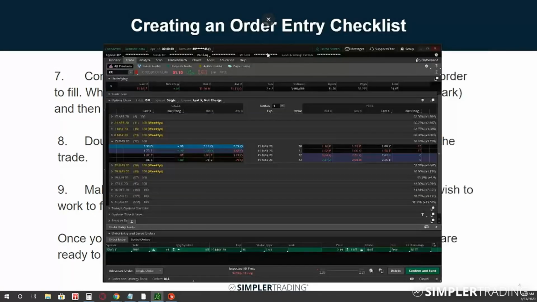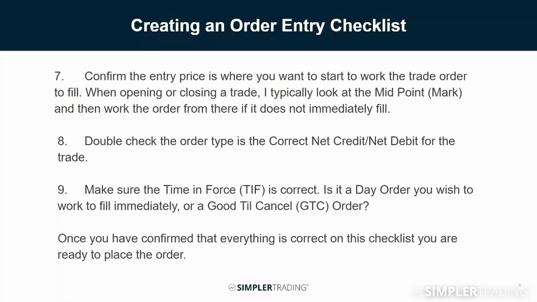They really want you to double check as well, make sure you're putting on the correct trade. You're not just accidentally jumping into something that you're not meaning to. And a lot of these later points double check those first few points in the checklist, which is why, to me, those are the most important, because if those first 3 points are correct, it allows for the other things to be correct too as you're going down the list.